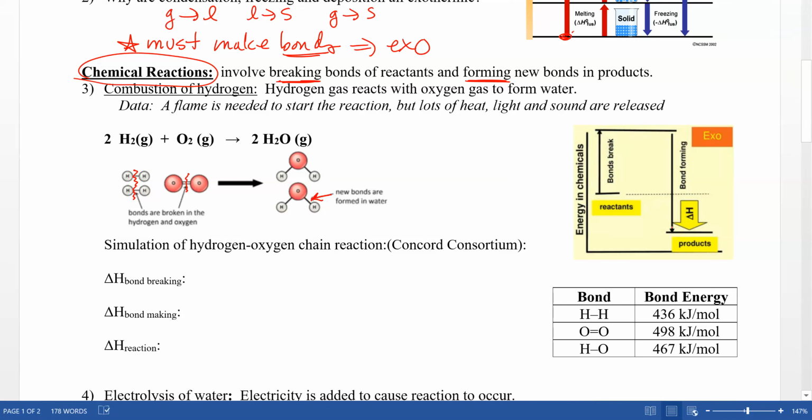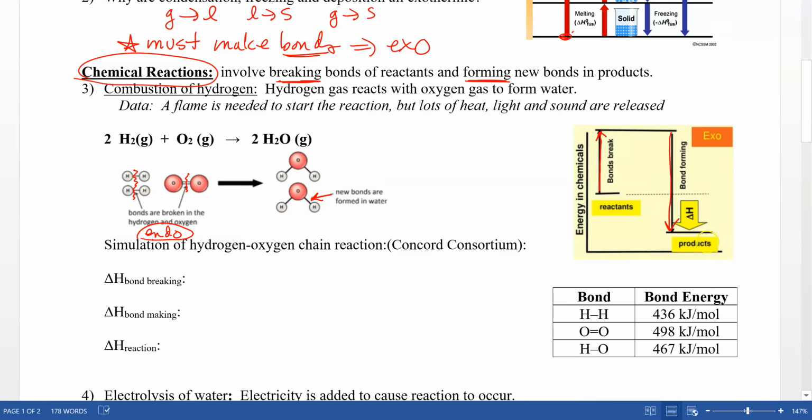And so when we break the bonds, that's going to be endothermic. So we're going uphill and we're breaking the bonds. And then when we make these bonds here, we're going to form our bonds, which is going to be exothermic. And in this particular reaction, it happens to be exothermic.